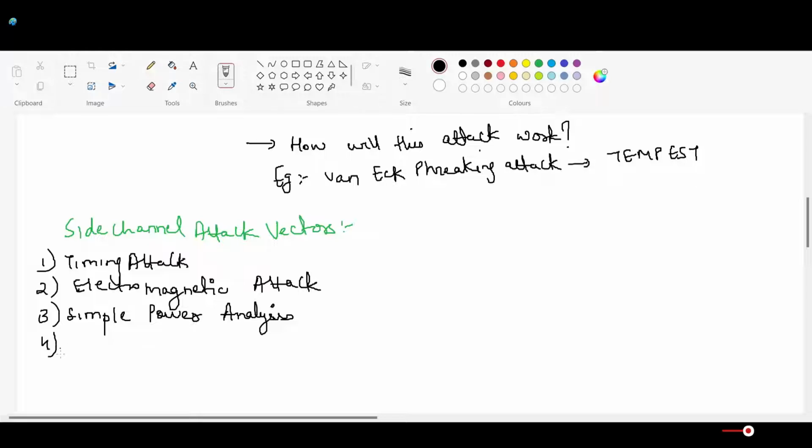Fourth is DPA, differential power analysis. Here we obtain and analyze detailed statistical measurements across multiple operations in a system. And the fifth one is the template attack.